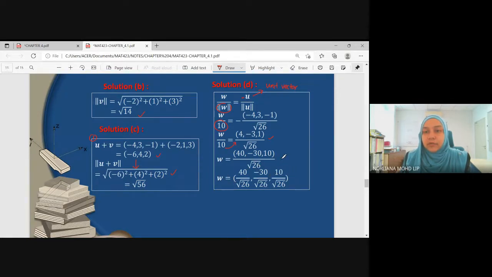Then you have to solve for this vector W. So it is equal to 40 over square root 26, negative 30 over square root 26, 10 over square root 26, to find the new vector for W.